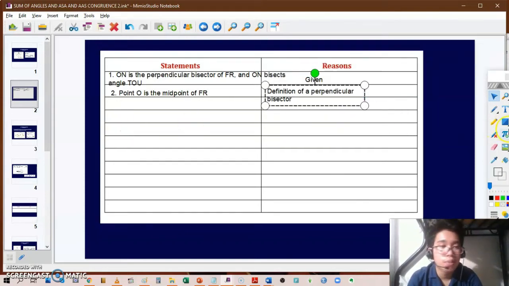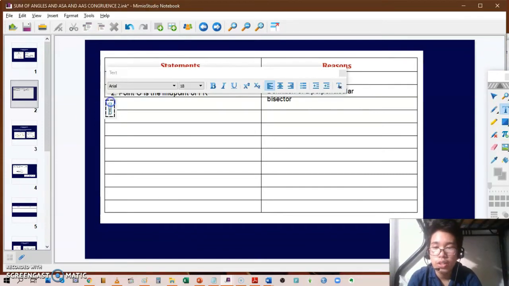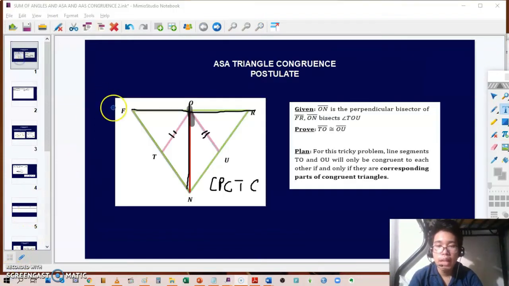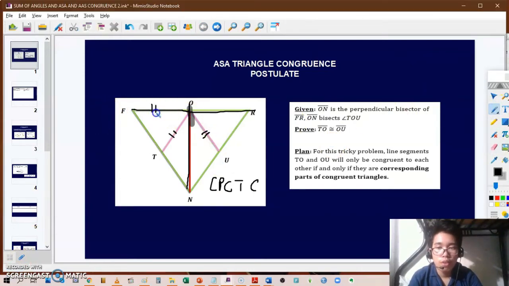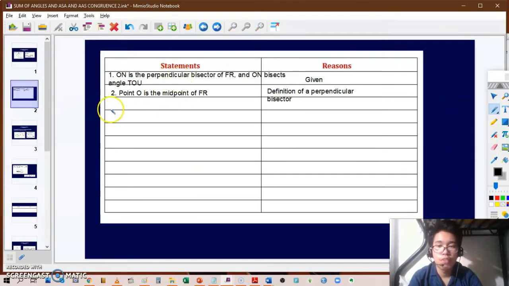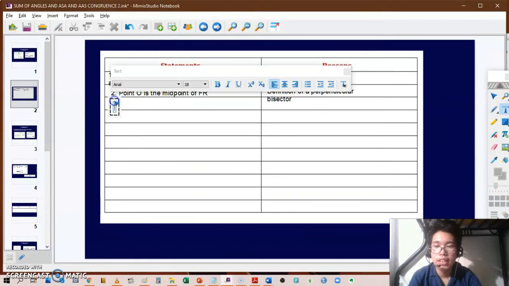So the third statement that we can introduce here would be FO, line segment FO is congruent to line segment OR. So FO is congruent to segment OR through the definition of a midpoint. Let's write that here.